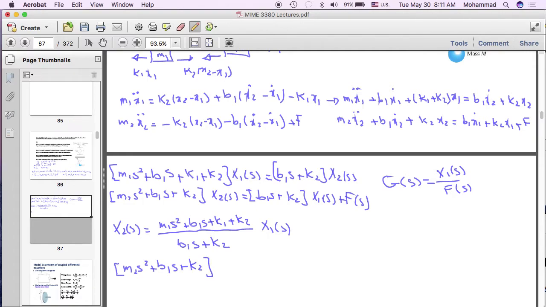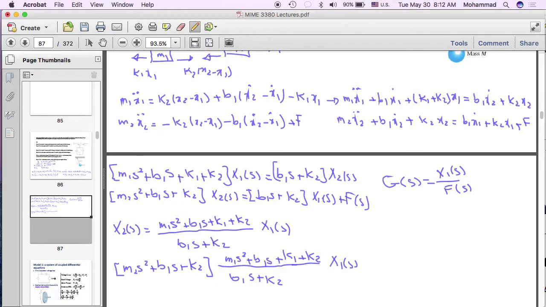Now that we have x2 of s, I'm going to replace it with this ratio that we just found. So it's going to be m1 s squared plus b1 s plus k1 plus k2 in the numerator, and in the denominator we have b1 s plus k2, and this is multiplied by x1 of s.